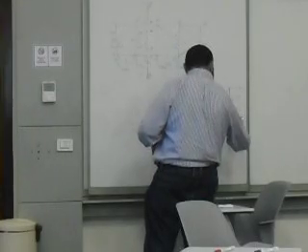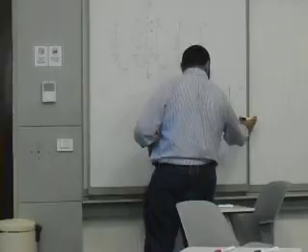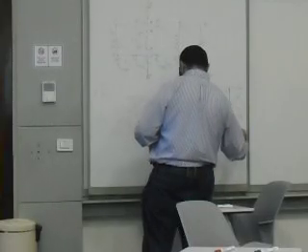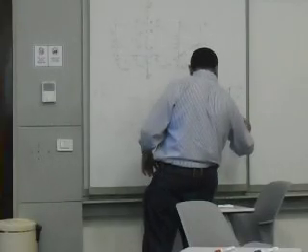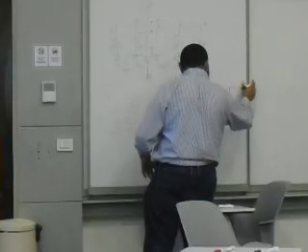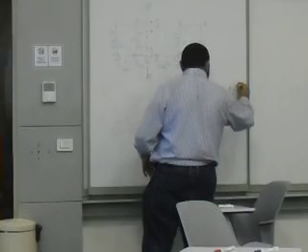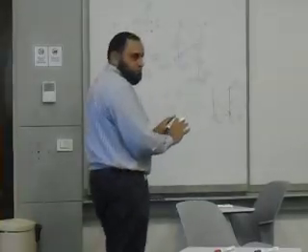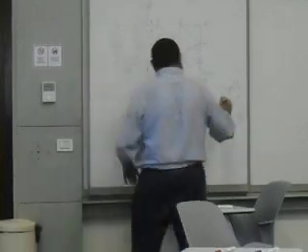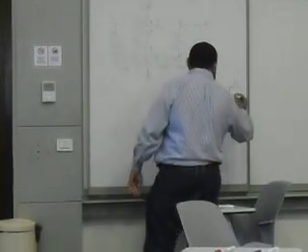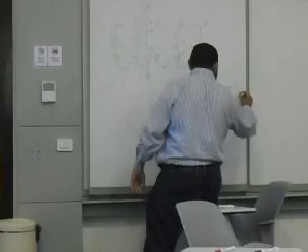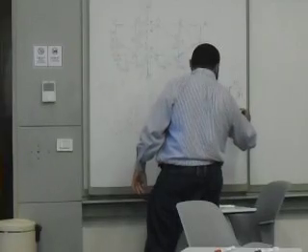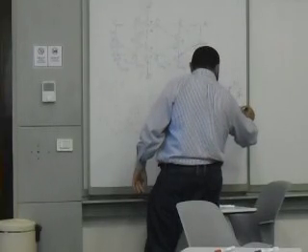Now I know this: this is a tension of 15, and that's a compression of 15. I know the directions. Okay? I know the values. This is FEH, and this is FEG.